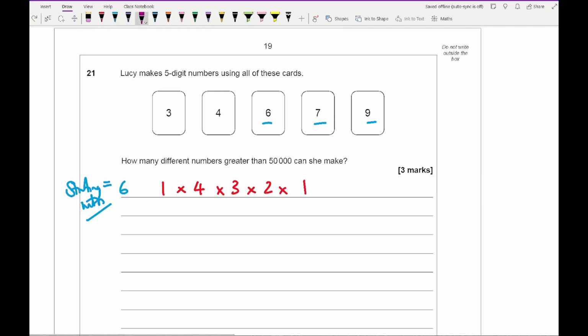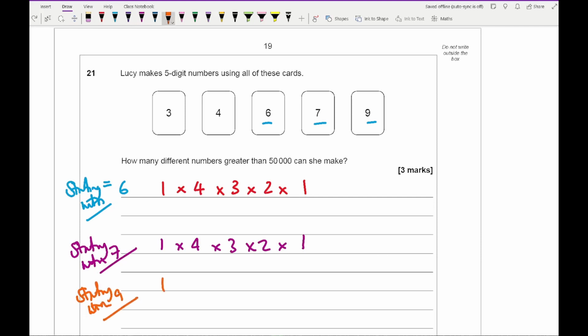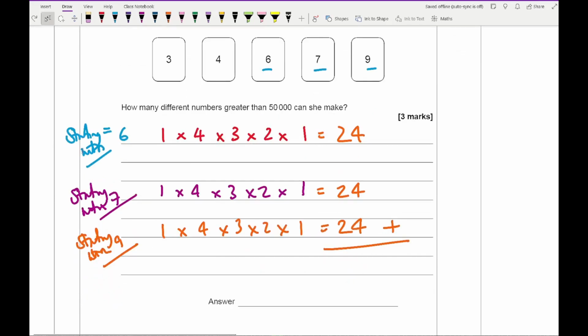Then starting with 7, again, I can only choose one number to start with, then 4 times 3 times 2 times 1, and then starting with 9, I've got 1 times 4 times 3 times 2 times 1. If I work those out, 4 times 3 times 2 is 24. So the total number of combinations, if I just add those 3 24s together, I get an answer of 72.